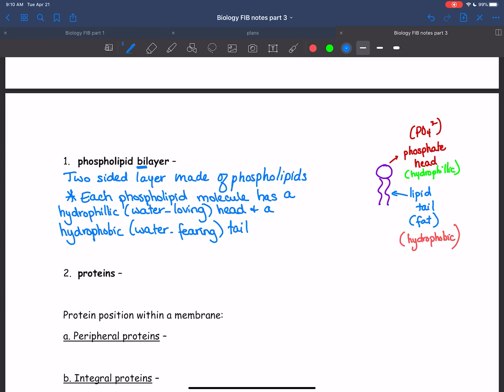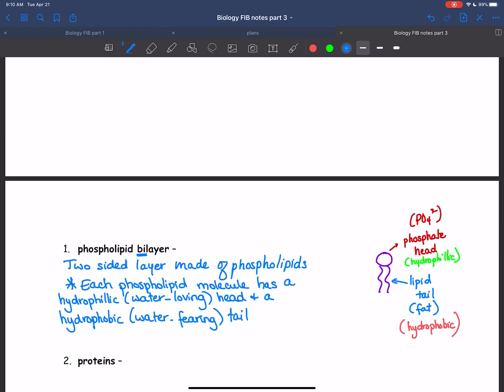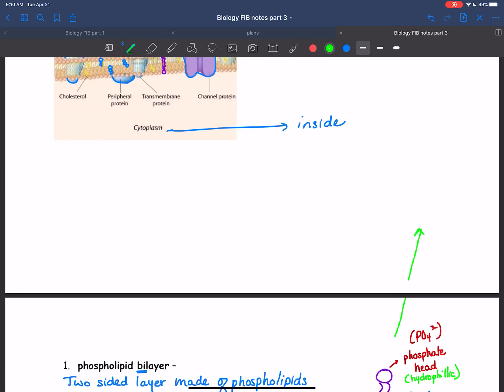So when I get these two, I'm going to bring your attention up here. We're going to continue up here. So when I look at that phospholipid bilayer, I get one of these little tails like this, one of these little tails like that, okay? And they line up to make the membrane. And so the outside of the cell, which contains water, is fine because this part right here is hydrophilic.